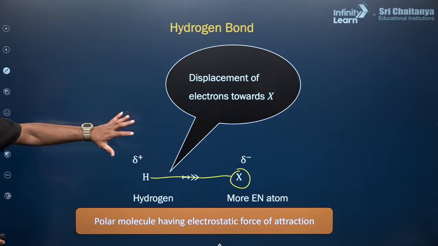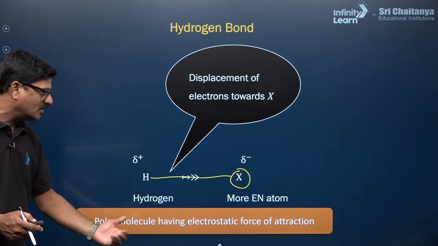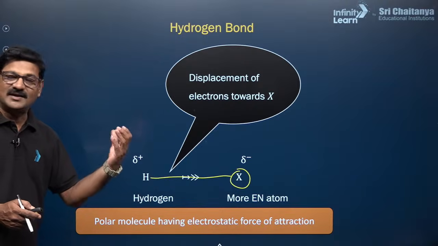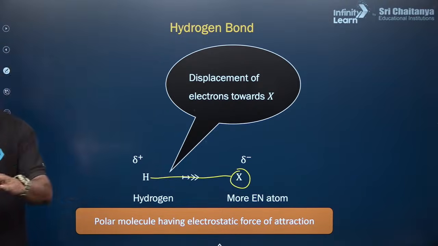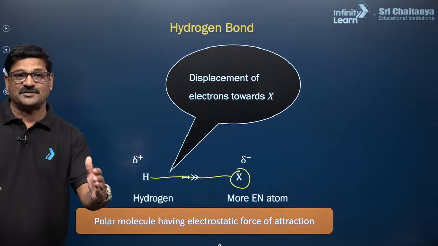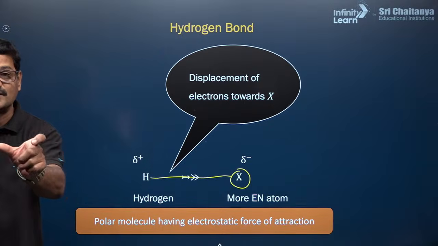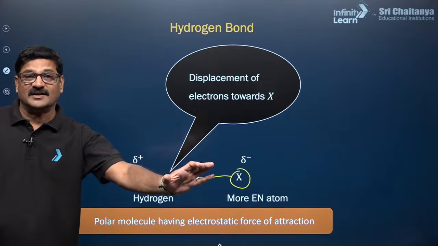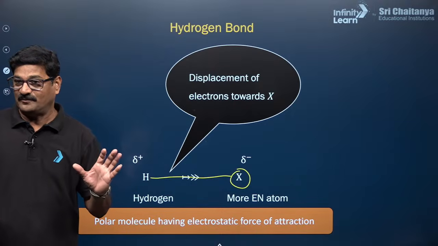So it is going to be a polar molecule, so that there will be an electrostatic force of attraction between this positively charged hydrogen and the negatively charged electronegative atom.